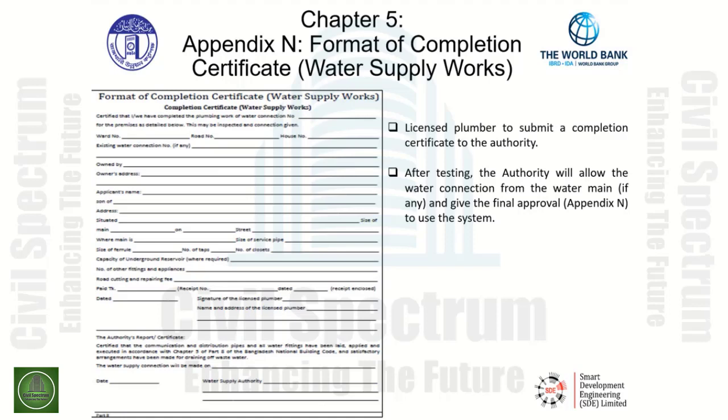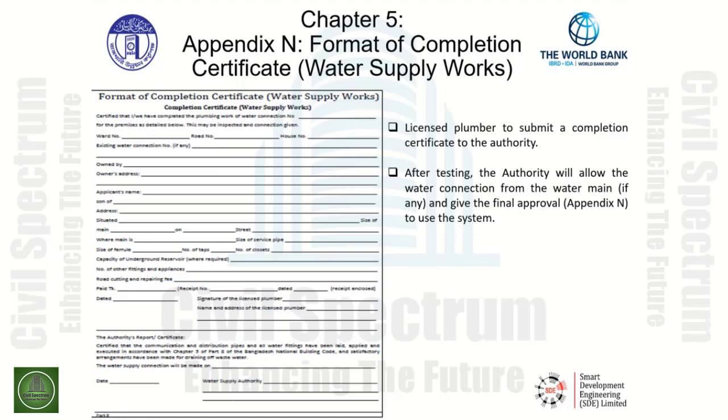This is a completion form that is filled out by the licensed plumber and submitted to the authority when the work is done. And as indicated here, it states certified that I or we have completed the plumbing work of water connection, given a number, for the premises as detailed below.